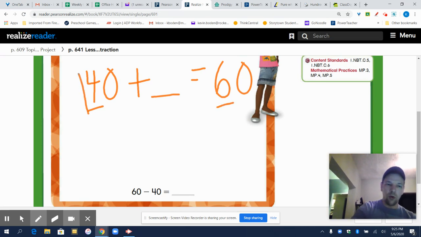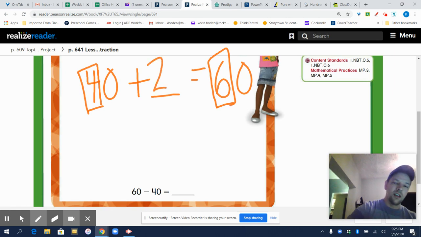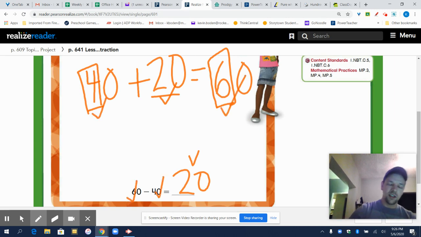You look at the 4 tens, and we have to count up to the 6 tens. I know with my mental math strategies, 4 plus 2 more tens equals 6 tens. You can say 40 plus 20, and now our fact family would be complete if I filled this in down here by saying there's a 20, a 20, a 40, a 40, a 60, and a 60.